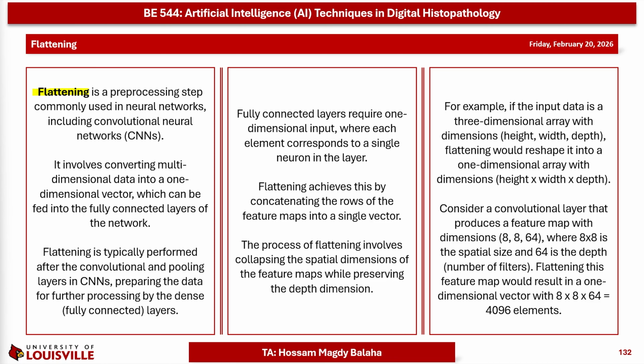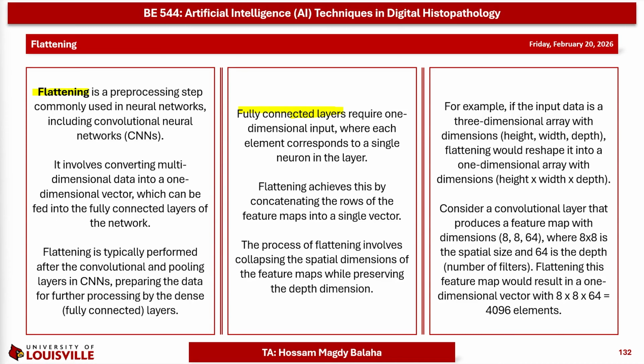Because fully connected layers require the input to be in one dimension, we also need to apply flattening. This will convert any multi-dimensional input into a single vector. And from that point until you reach the output, you can apply multiple fully connected layers depending on your design to capture the abstractions of the features.